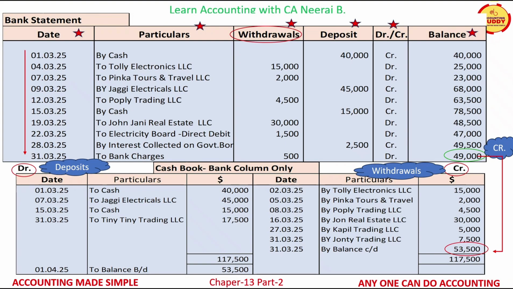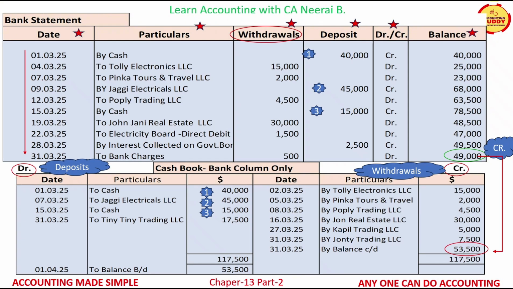Let us now find out the difference between the two, first by ticking each and every entry in these two statements. Cash deposit for $40,000 on 1st March 25 is matching. Similarly, transaction number 2 and transaction number 3 on the debit side of the cash book are matching with the transactions on the deposit side of the bank statement.